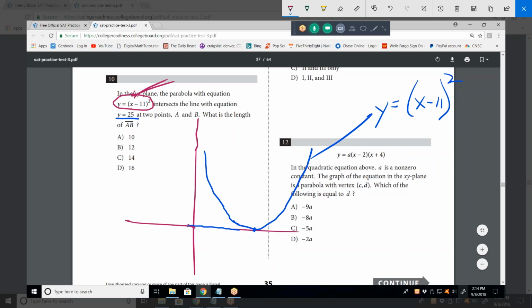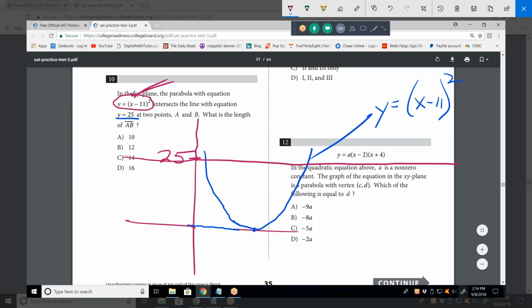Horizontal going through what point on the y-axis? 25. In other words, it says y equals 25 no matter what x is equal to. X can be 0, y is equal to 25. X can be 100, y is equal to 25. X can be 1,000,000, y is equal to 25. That's a horizontal line.